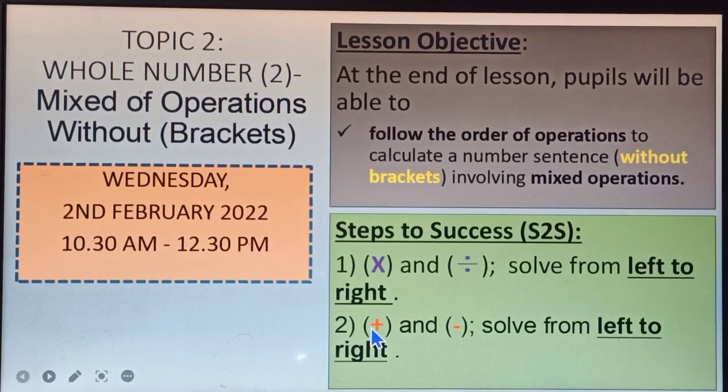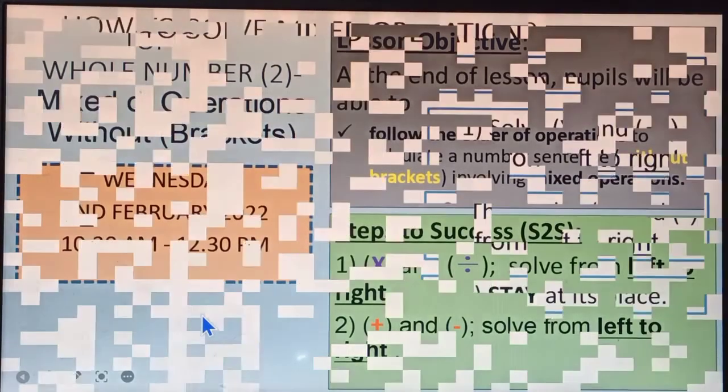And step kedua, kalau kita terlihat plus and minus di dalam number sentence itu, you solve from left to right also. Okay, we'll see what is mix operation. Mix means gabungan 4 operation, okay, dalam satu number sentence.